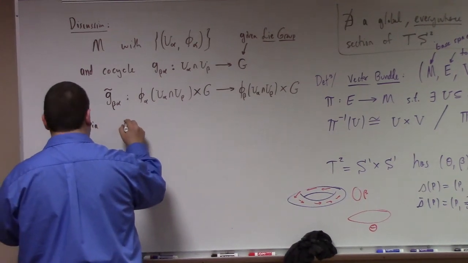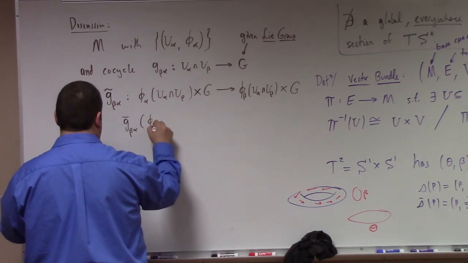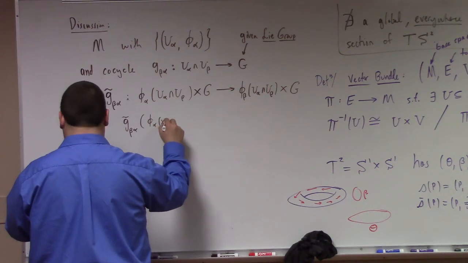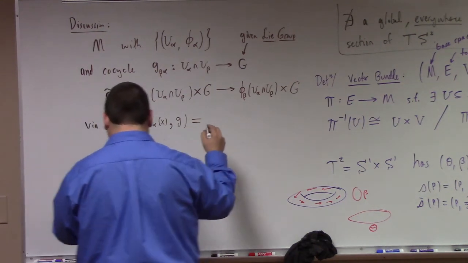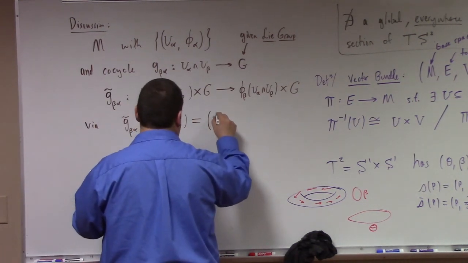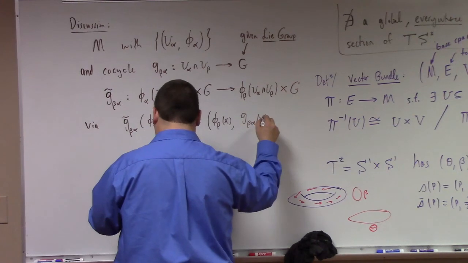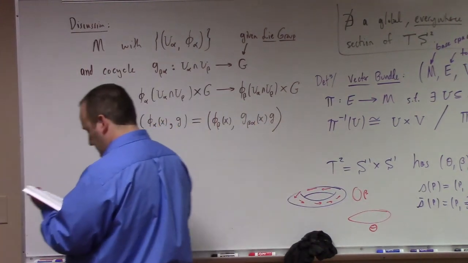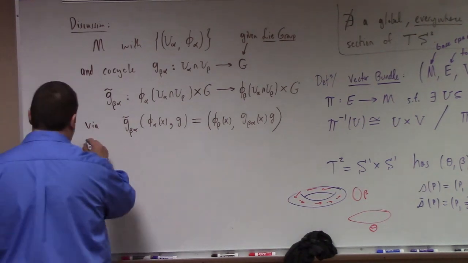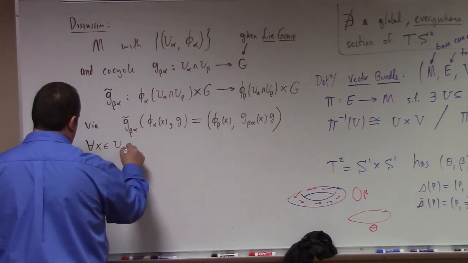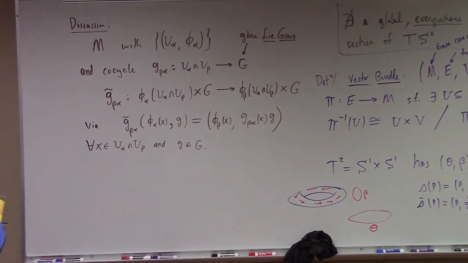the following formula: G tilde beta alpha of phi alpha of X, comma G, is equal to phi beta of X, comma G beta alpha of X times G. And that's for all X in the intersection and all G in G. All right, what's going on here?